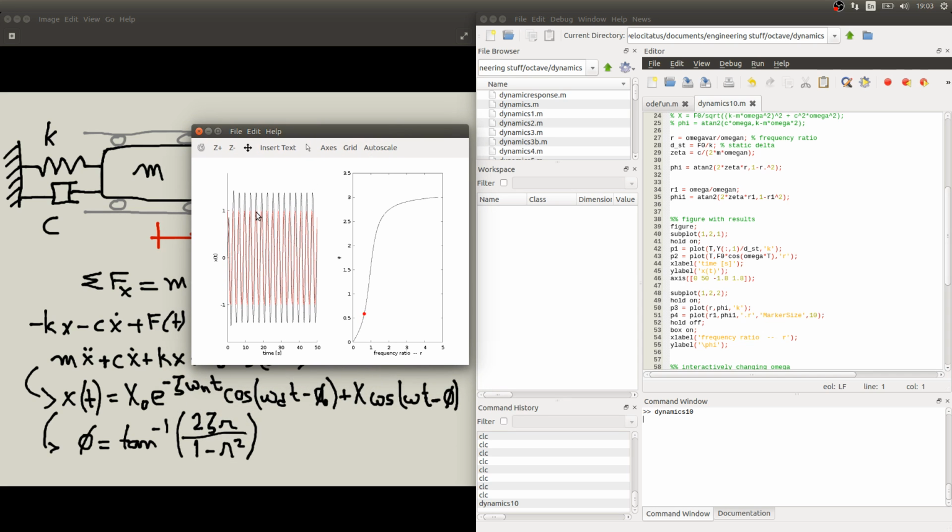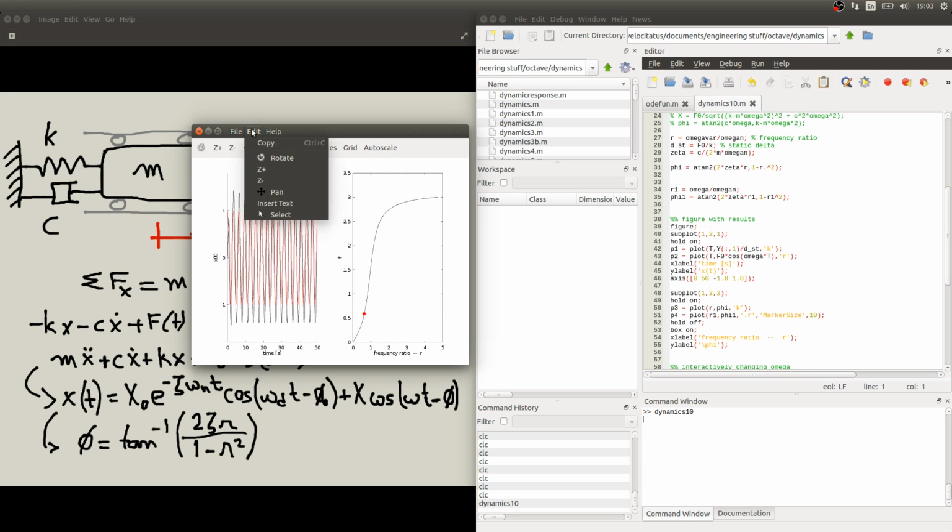So if we look here in the time response, we can see that the displacement as function of time, when we get here into the steady state regime, the peaks on this displacement curve, they're not exactly in phase, or they don't happen exactly the same time as the peak in the force.